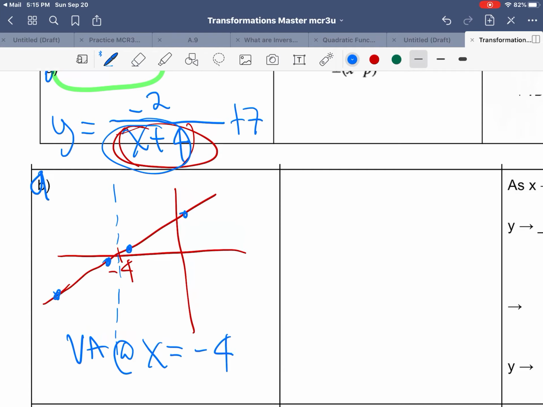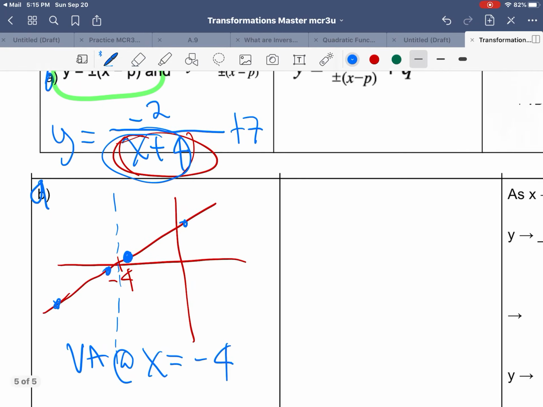Now I'm supposed to get the behavior when I'm really close to x equals negative 4 on the positive side. This is the hardest part, I think. I'm taking negative 2 and dividing by x plus 4. If I'm just on the right side of x equals negative 4, that value is small and positive.